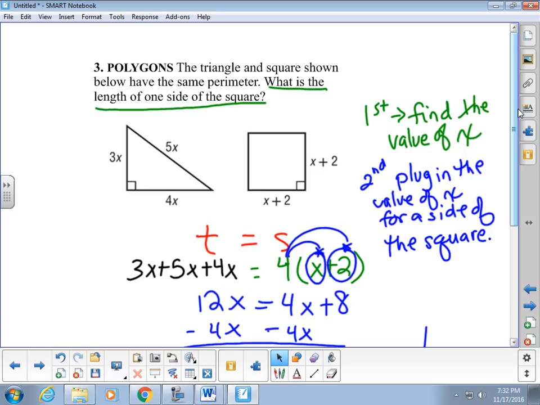So wherever I see an x, I'm going to put in a 1. And 1 plus 2 equals 3. So what is the length of one side of the square? 3 units.